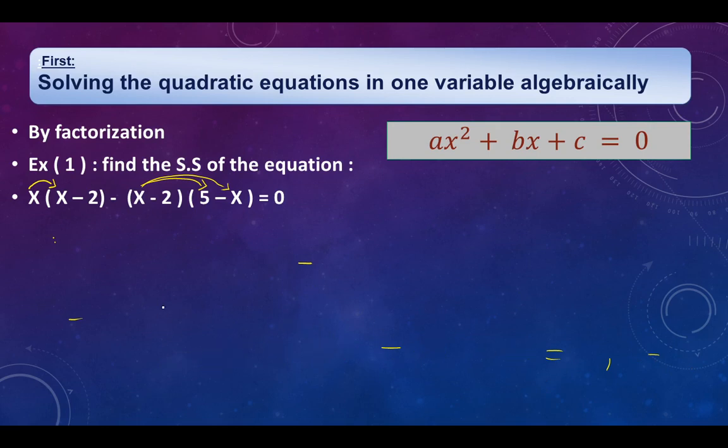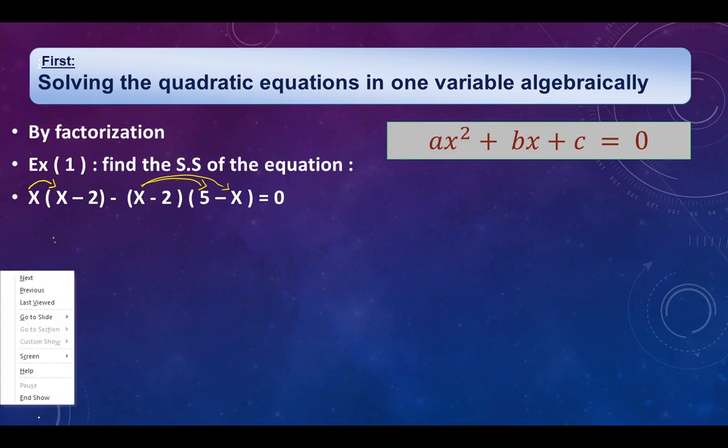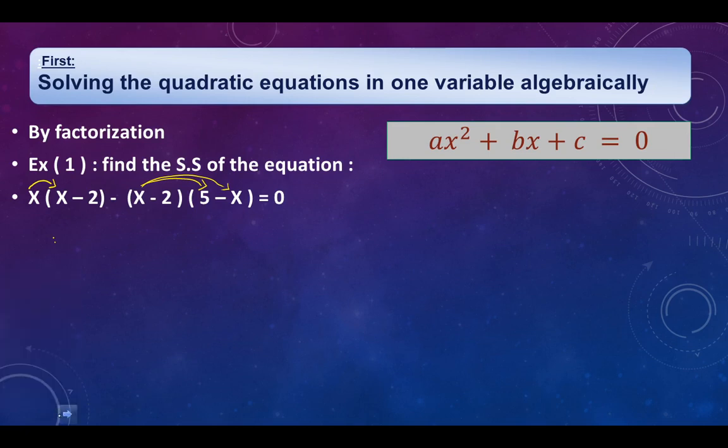We are going to solve the example one more time by using the PowerPoint step by step. Okay, let's go. Solution. First, we are going to multiply x times x equals x power of 2, x times negative 2 equals negative 2x.